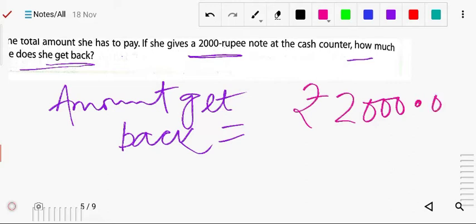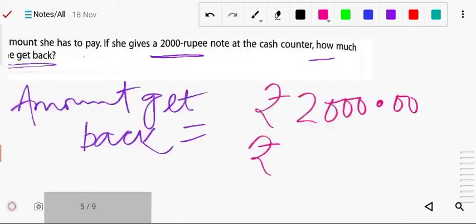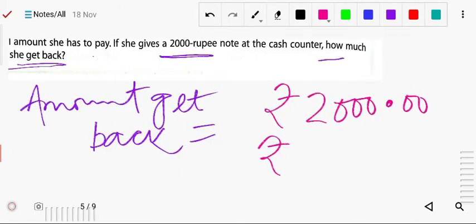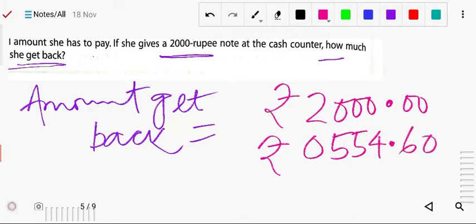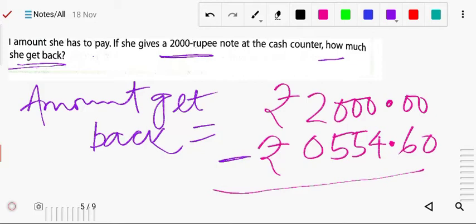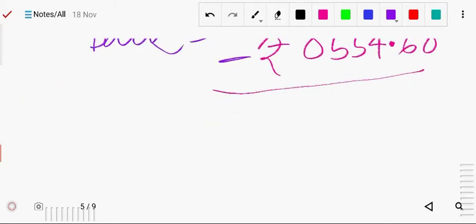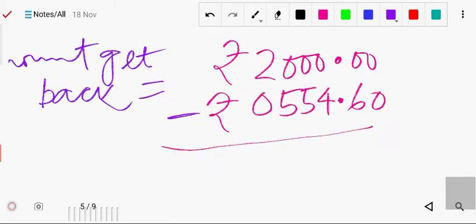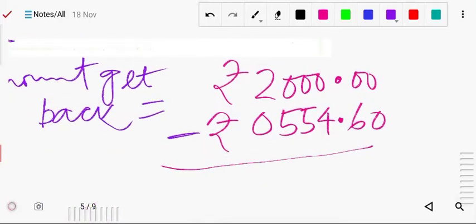Okay, so write like this. Now what was your cost, means the total amount to be paid, that is 554.60. Here there is nothing, so put one extra zero. Now we will subtract. So after subtracting you will get the amount that will be returned.